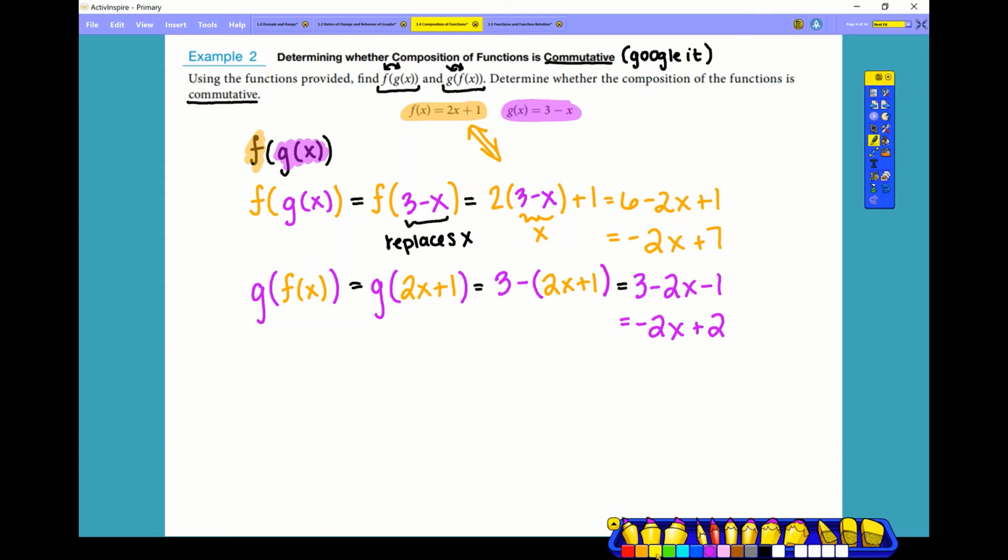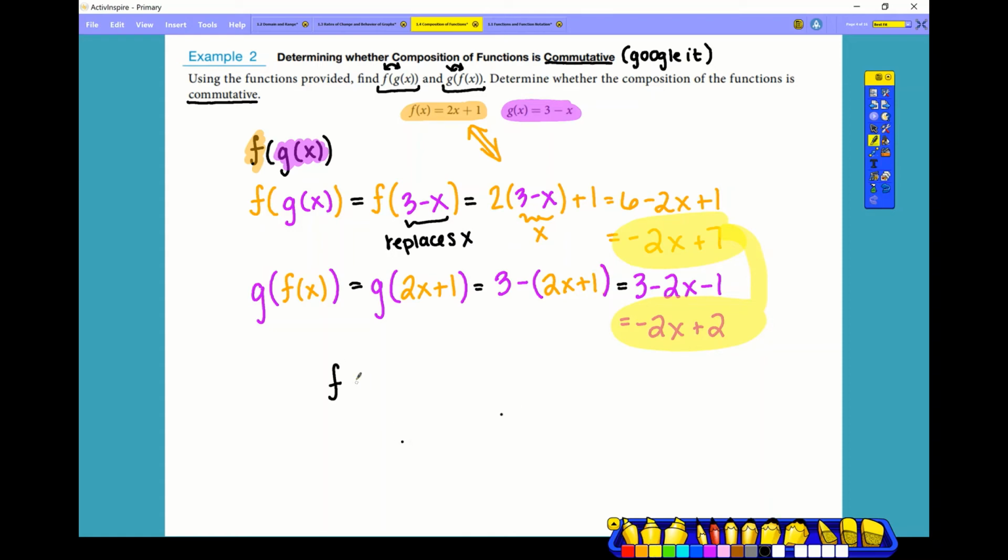So let's have a little look-see here. These guys, are they equal? Absolutely not. They're absolutely not equal. So what does that tell us?